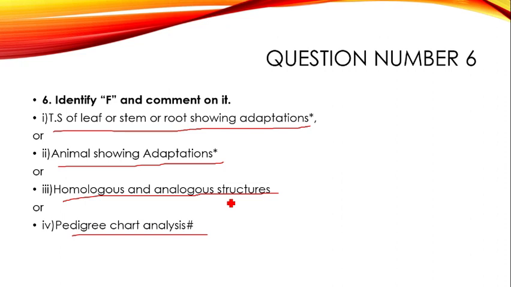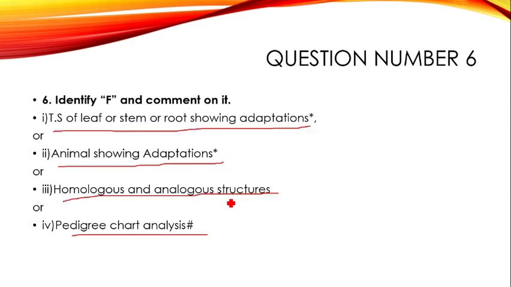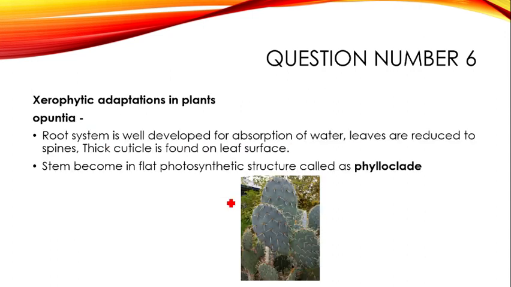Example, if you see adaptations, we have to see both animals and plants. Apart from that, adaptations you can see both in water and in desert: xeric adaptations and hydric adaptations. All those we have to learn.